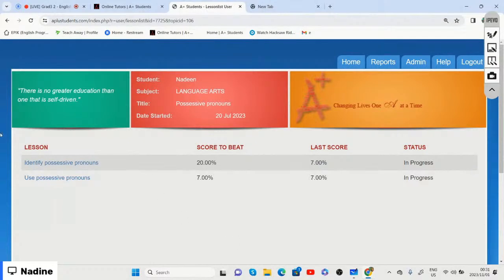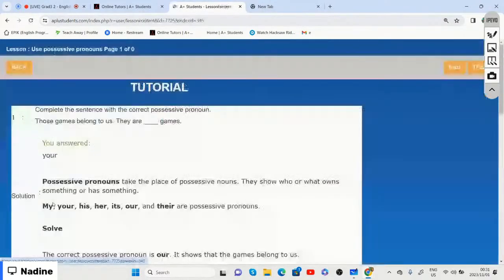So now we are going to use possessive pronouns. We identified them, so now we're going to use them. And we said the possessive pronoun takes the place of a possessive noun.